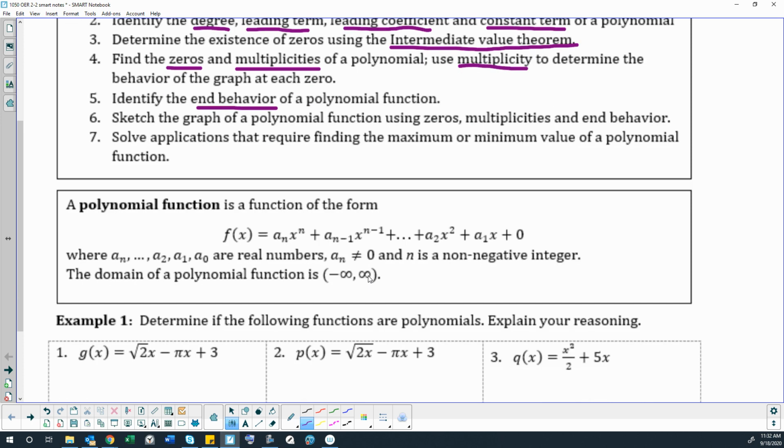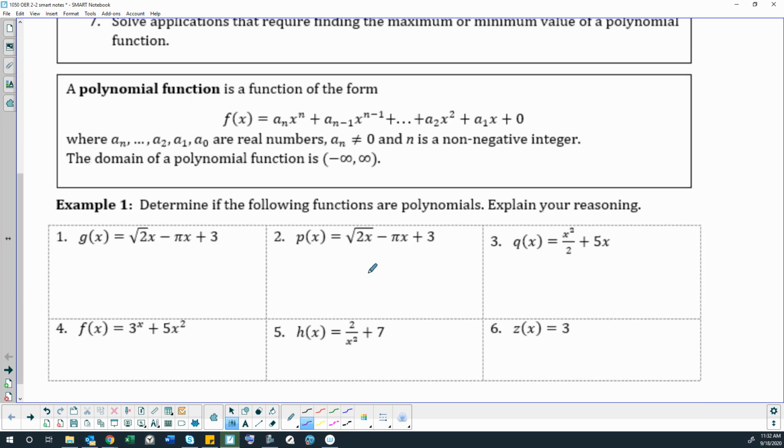Okay, so a polynomial function is a function of this form right here, where we have a coefficient, a variable with an exponent, plus or minus a coefficient, and a variable with an exponent, plus or minus more coefficients with variables with exponents, till we get all the way down to our variable with no exponent and then no variable at all, right?